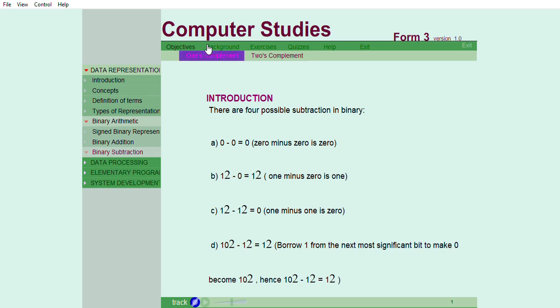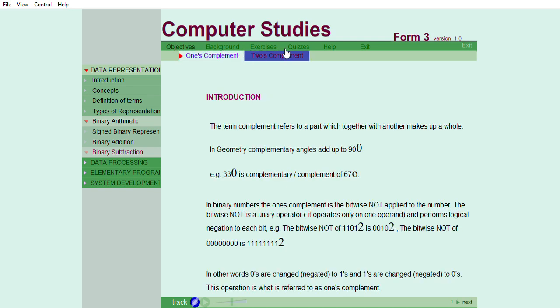The term complement refers to a part which together with another makes up a whole. In geometry, complementary angles add up to 90 degrees. In binary numbers, the ones complement is the bitwise not applied to the number. The bitwise not is a unary operator. That is, it operates only on one operand and performs logical negation to each bit.